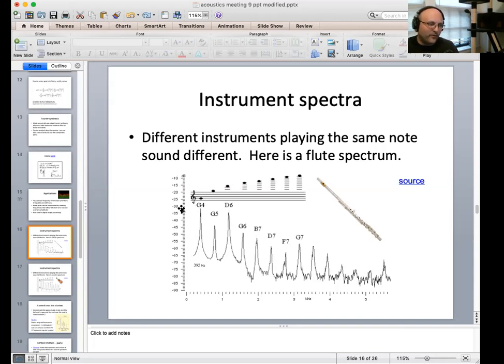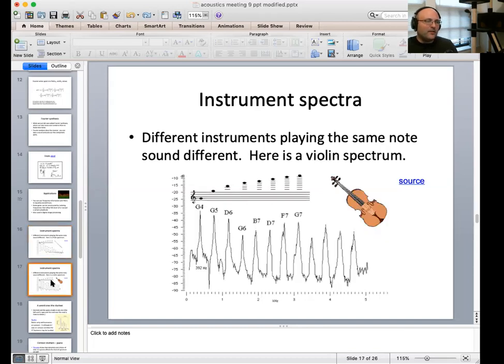So this G4 is around, I don't know, minus 33, and the D6 is around minus 35, 36. Maybe this is at 32 or so. The point is, there's about a 3 decibel difference between these two spikes. They look very close together, but in the decibel unit, you learn that 3 dB could be a lot. It's like, well, half intensity in one way of looking at it.